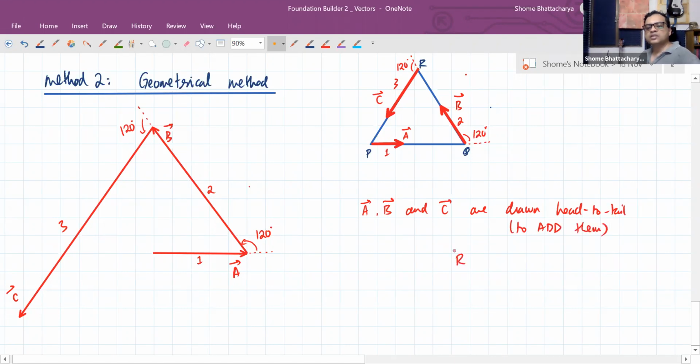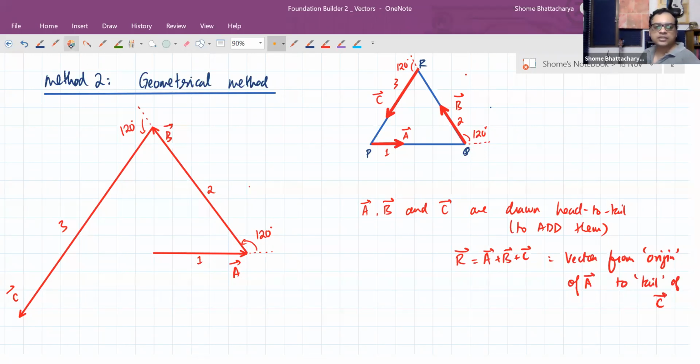Okay. So the resultant, which is A plus B plus C, in this diagram will be the vector from the origin of the vector A to the tail of the last vector C. Because they're just adding displacements, think of it like that.